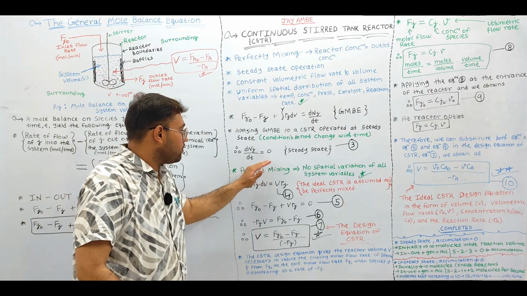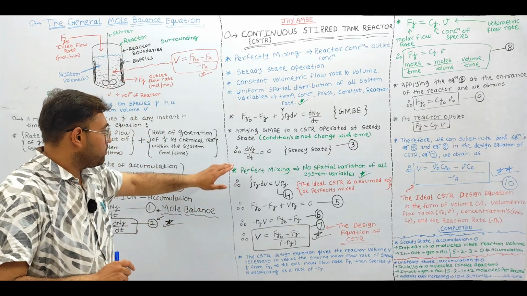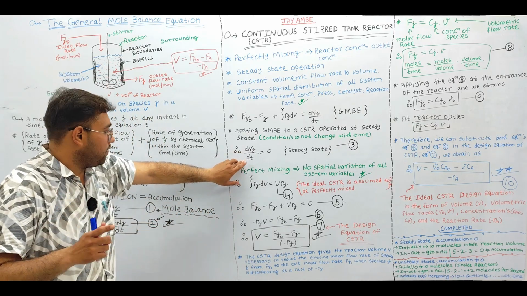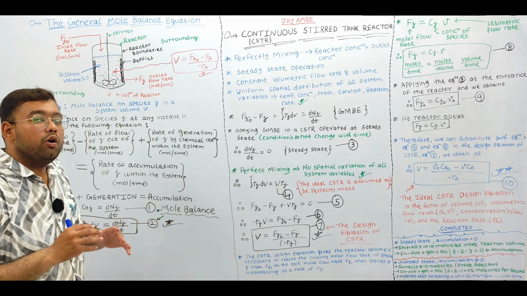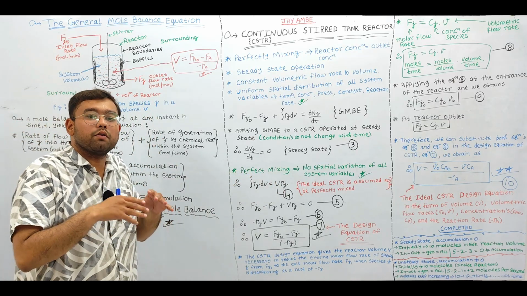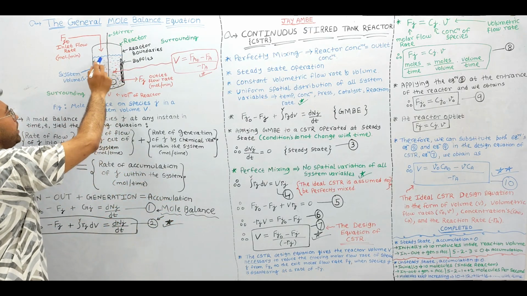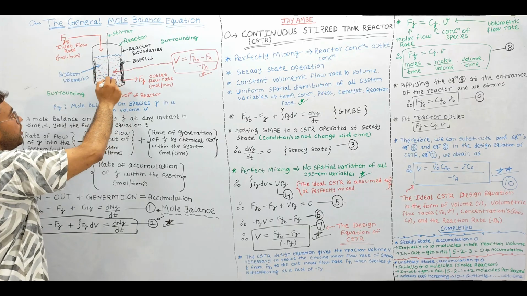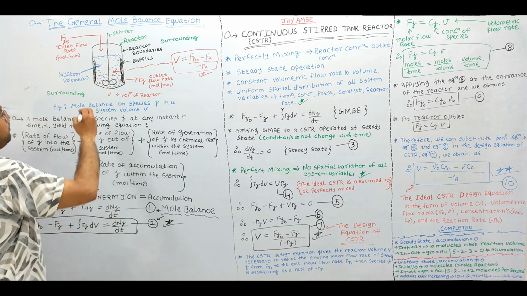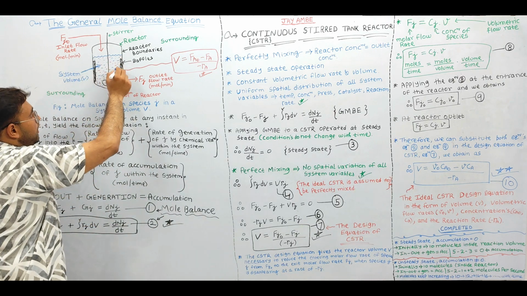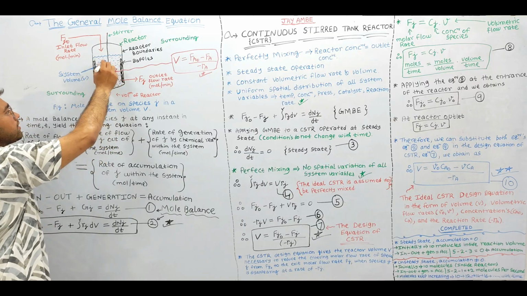Now, due to those reasons, we can write that dnj by dt is equal to 0, where dnj by dt represents the accumulation term. Perfectly mixed means all the system variables are uniformly spatially distributed throughout the entire reaction volume, due to which we have the same concentration at each and every position and time inside the reaction environment.